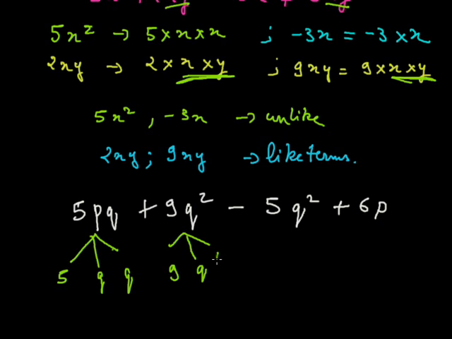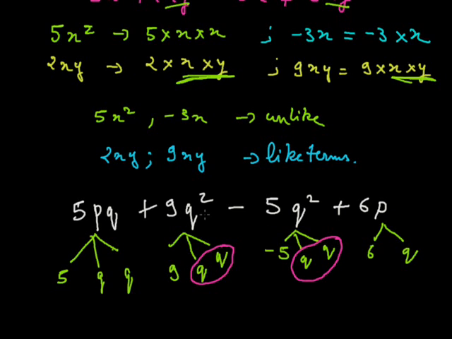The third term has the factors minus 5, q and q. The fourth term has the factors 6 and p. Now here you can see that the second term, 9q square, has the algebraic factors q and q, and minus 5q square again has the factors q and q. Thus these two are the like terms.